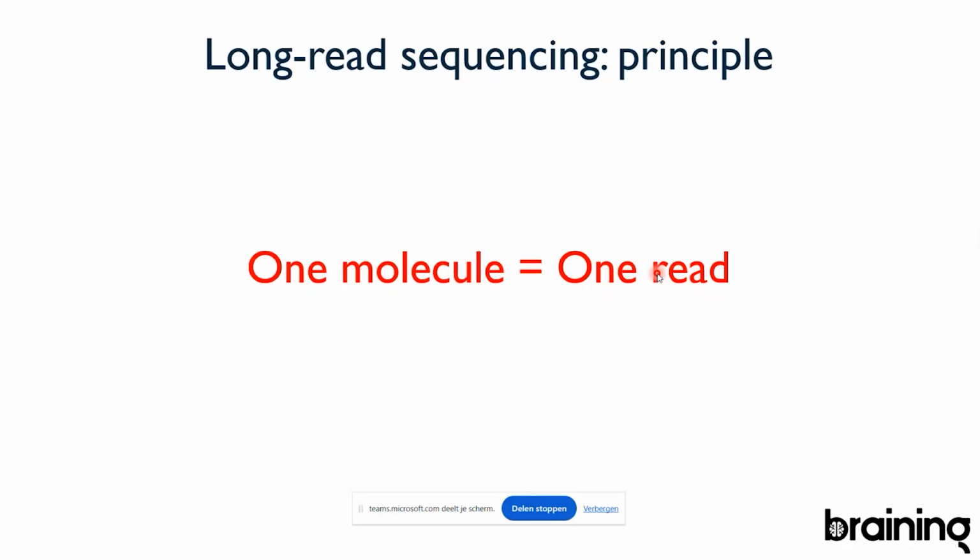You start at the beginning and you finish at the end, and you read your molecule in one go. It's basically like a sentence. With short read sequencing, you would read word by word. For long read sequencing, you would read the sentence in one go. So one molecule, one read, right?